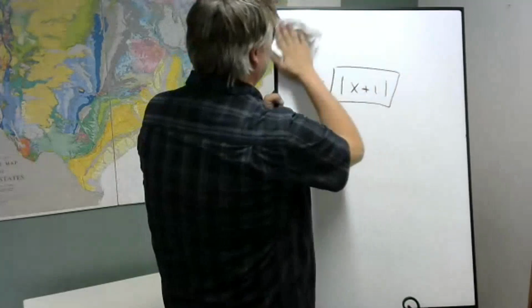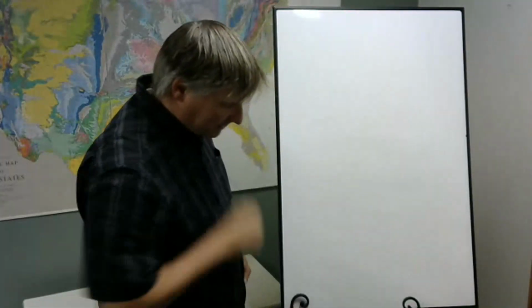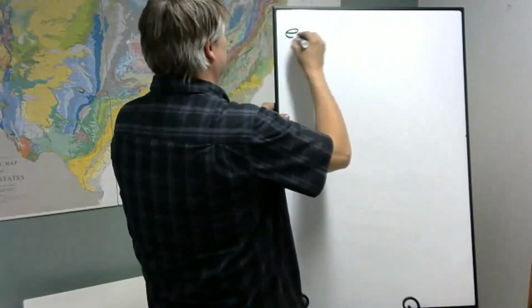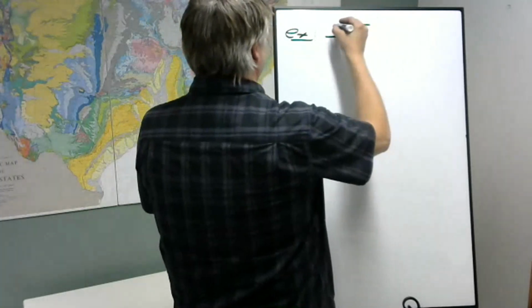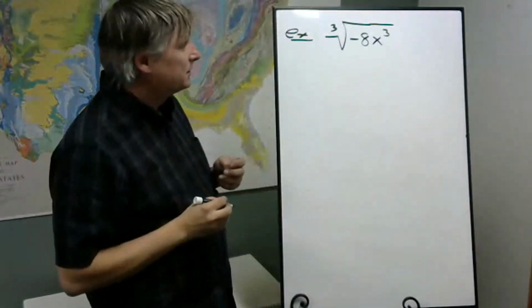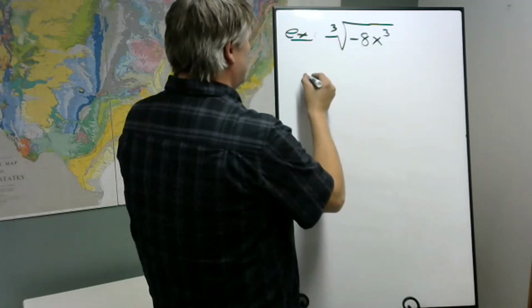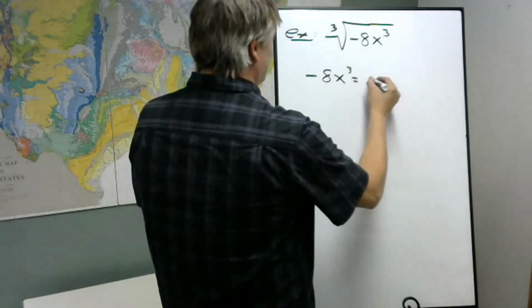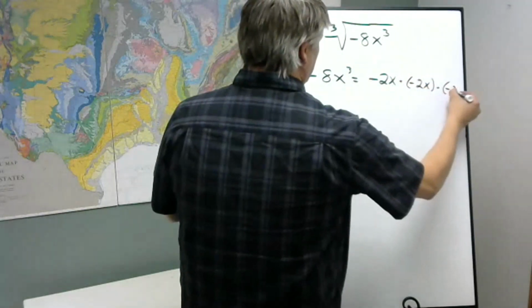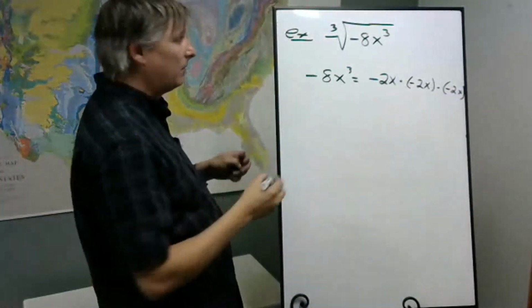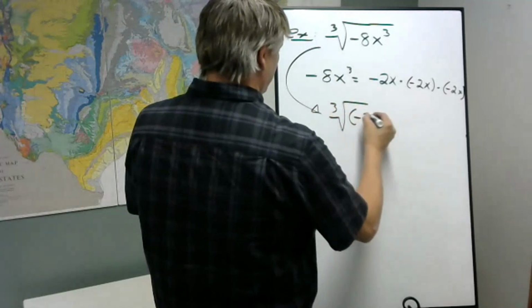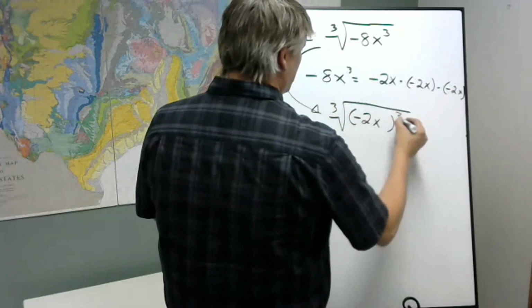But if we have this, -8x cubed, well, we can make a note that -8x cubed is -2x times -2x times -2x, or the cube root of -2x cubed.